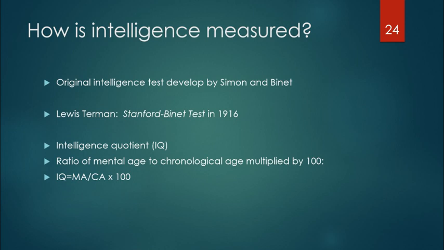So 100 is meant to be the average. It's meant to be when someone's mental age and chronological age are the same. If your mental age is 10 and your chronological age is 10, then you will have an IQ of 100. And the test is designed that way on purpose.